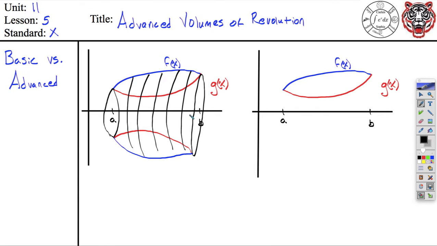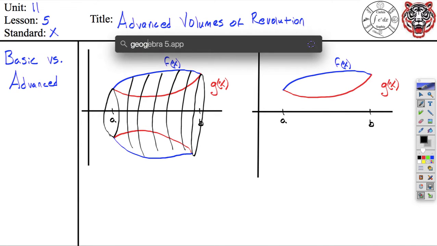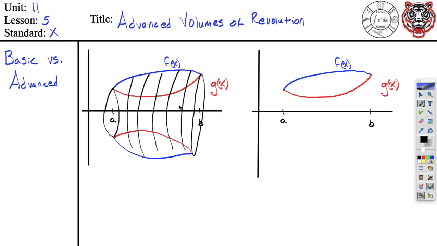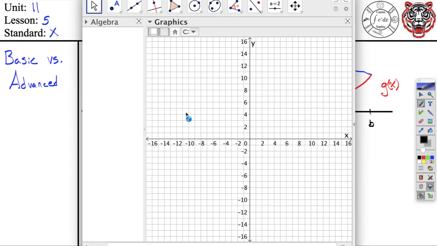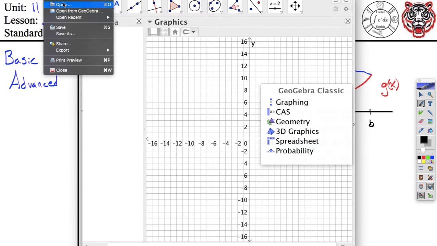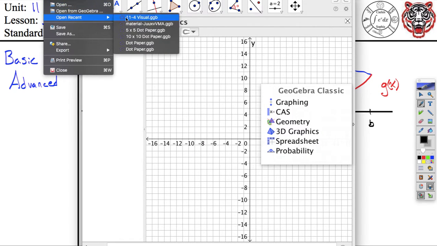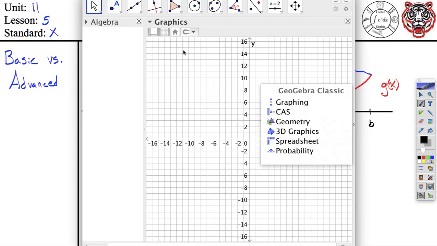The shape? Okay, I made a program yesterday. I can pull that up here really quick. But it's not exactly this function. It is confusing, and it's hard to visualize too. So, GeoGebra, if you want to open up, there's probably a better way to program this thing. I didn't have as much time as I would have liked. Open recent. This was our 11-4 visual.